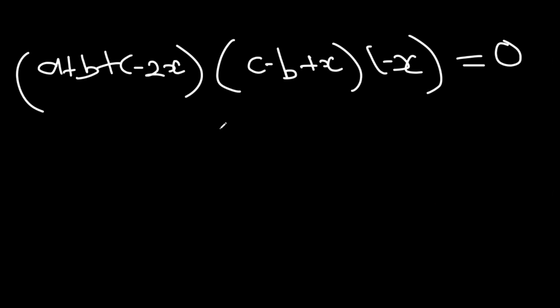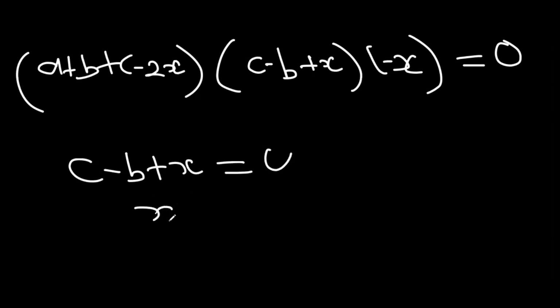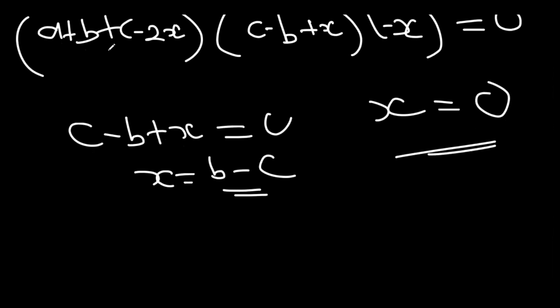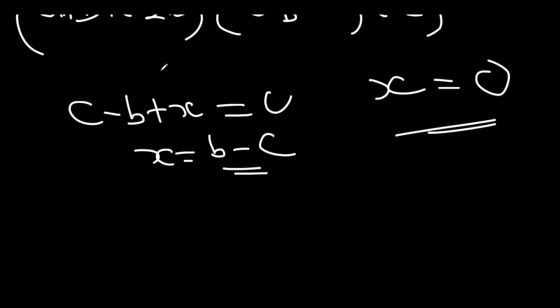So from this guy here, we see that we're going to have c minus b plus x equals 0. So we can say x will just equal b minus c. So this will be our first answer. And then from this guy here, we can say that x is just going to be equal to 0. What about from this guy here? So we can get this guy and equate it to 0.